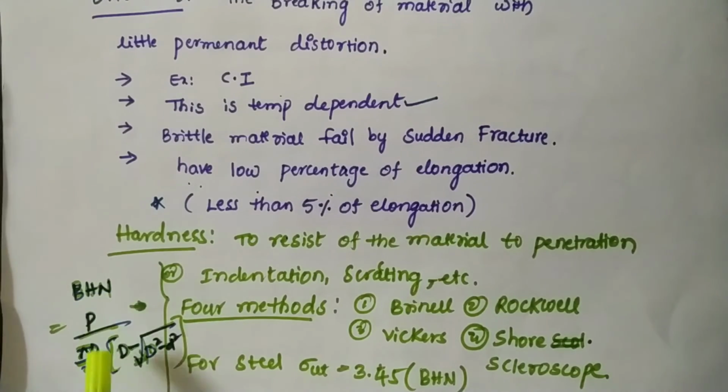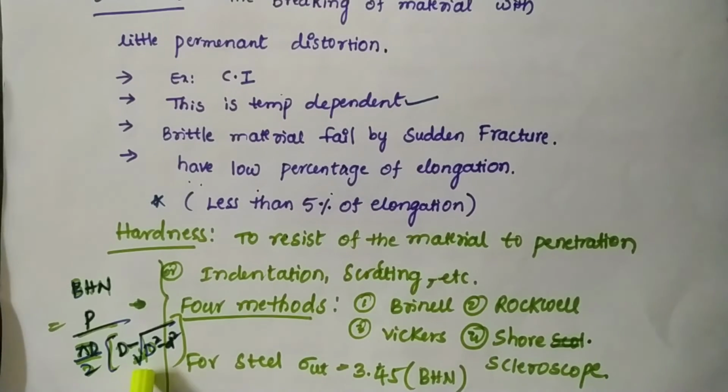BHN equals P divided by (pi D by 2) into (D minus the square root of D squared minus d squared), where capital D is the diameter of the steel ball, small d is the diameter of the indent, and P is the standard load, that means the force applied on the material.